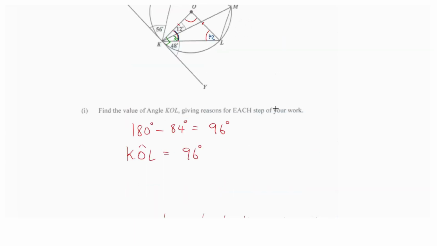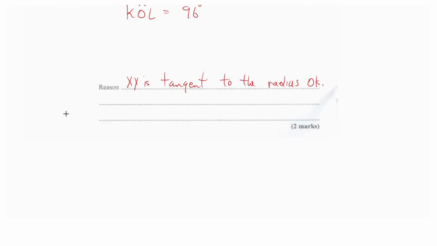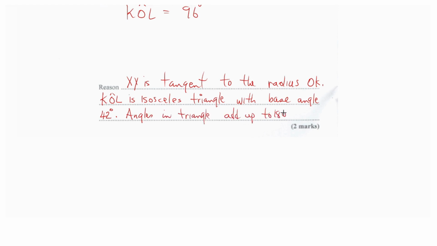And then we need to say KOL is isosceles triangle. And then you also need to say that angles in a triangle add up to 180 degrees. And that should be enough. Let's move on to the next question.